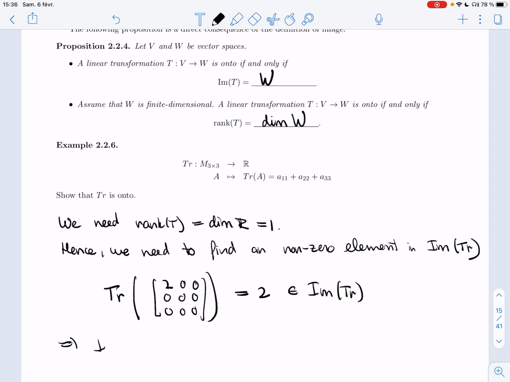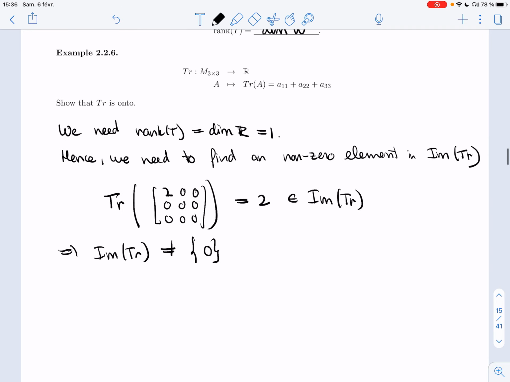So the image of trace isn't just 0, but the only other possibility, right? Let me write it here just to make sure it's clear.